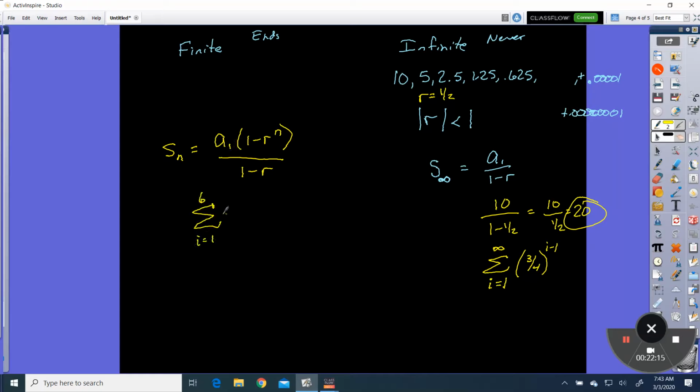And these numbers get big fast. So there's an example problem. So the formula, if it's a finite one for a geometric sequence.